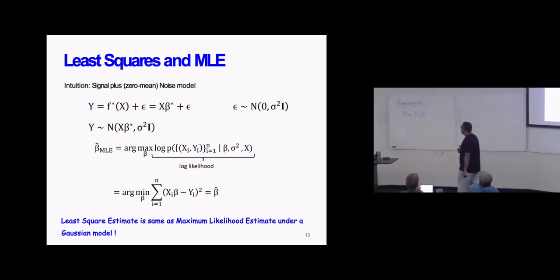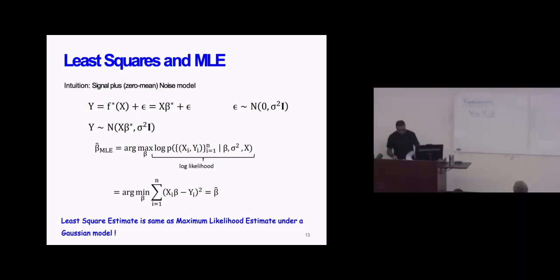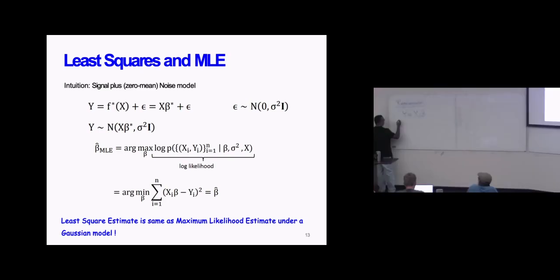Okay? So the way we do it, we impose a prior. Exactly. So the first prior we are going to talk about is the Gaussian prior.